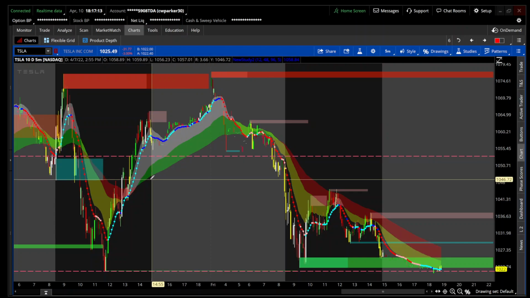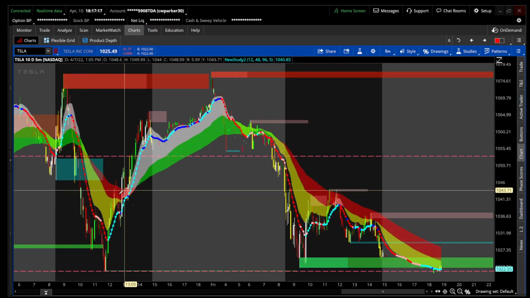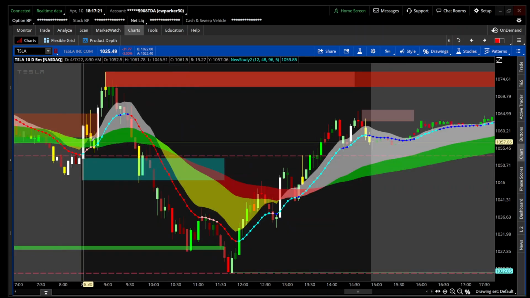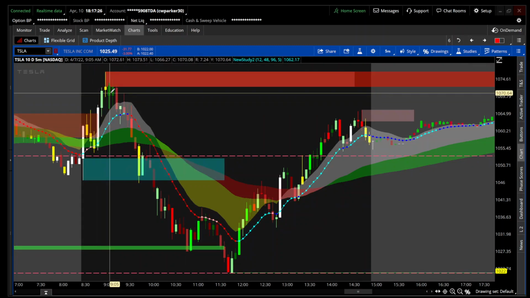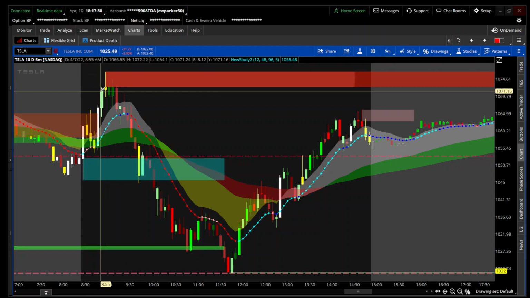But the EMAs actually showed you everything. Even though it was bullish over here, it was short-term bullish, and the volume showed you that as well, because you had this huge area. If you remember from my volume analysis video, it's an irregular body.